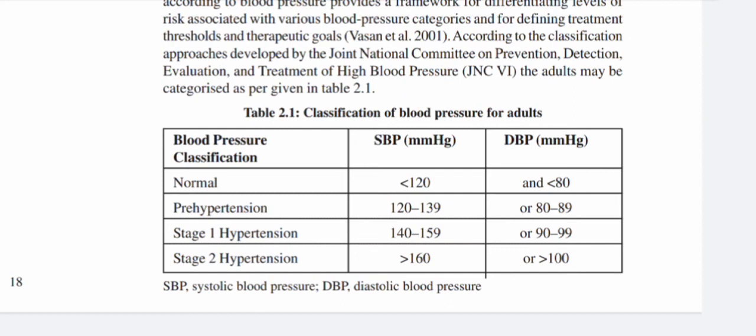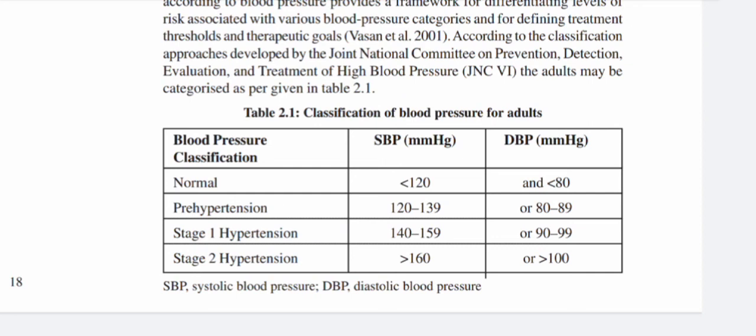Blood pressure classification. In the case of normal blood pressure, systolic blood pressure is less than 120 mmHg and diastolic blood pressure is less than 80 mmHg. In pre-hypertension, systolic is between 120 to 139 mmHg and diastolic is between 80 to 89 mmHg.